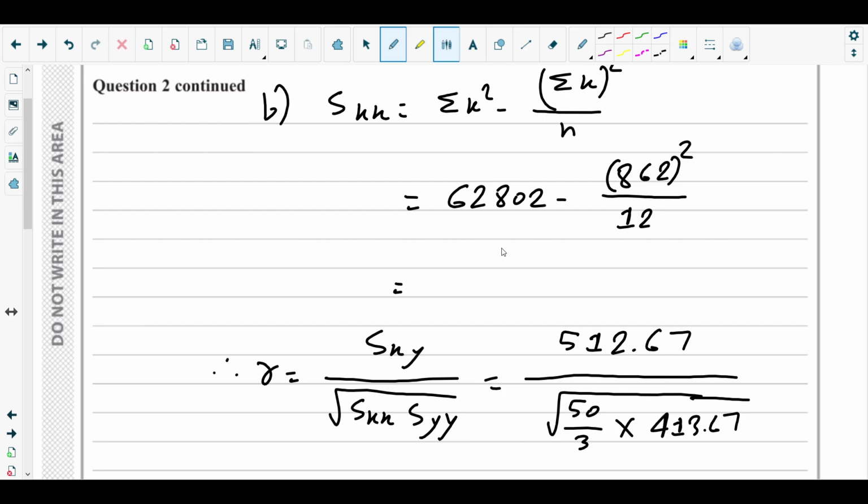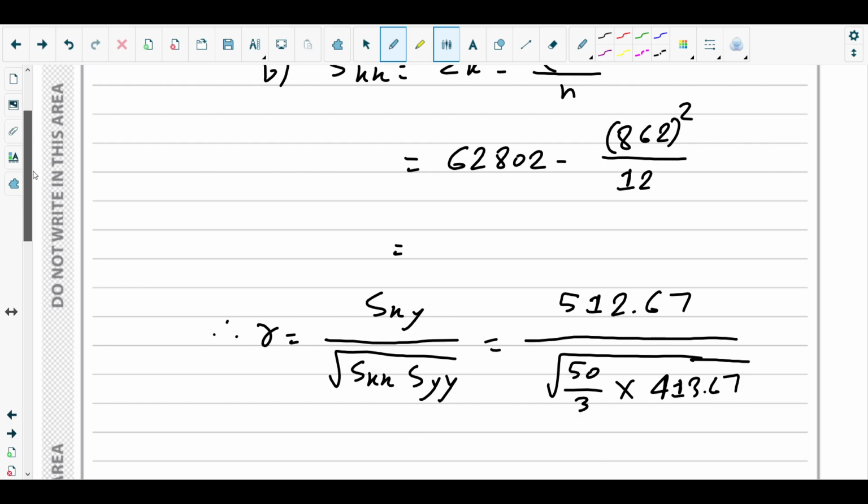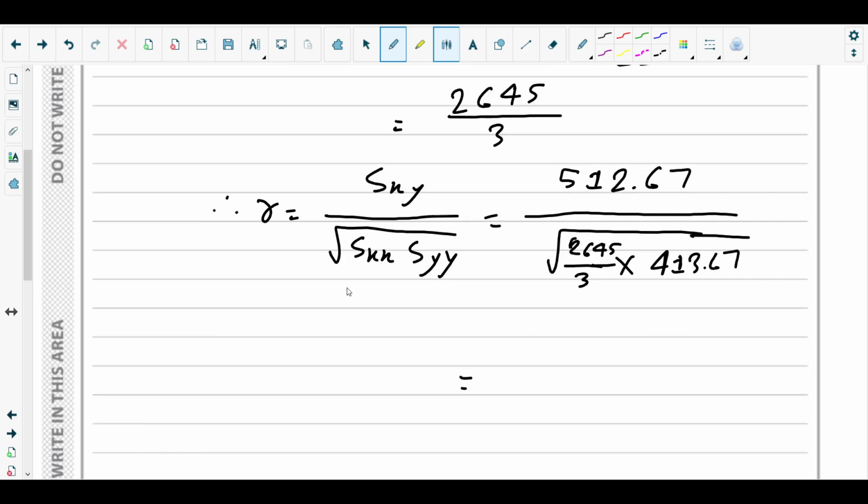So 62,802 minus answer, this is basically 881.67, so this is 2645 over 3. So just put 2645 over 3 there. Now it will be fine. So 2645 times 413.67, and then square root of whole answer.